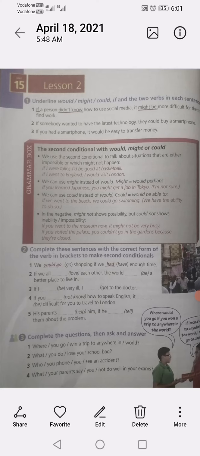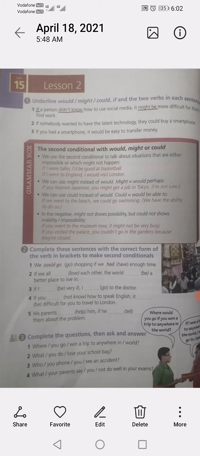Number 2, we can use could instead of would, which means be able to. For example, if we went to the beach, we could go swimming. Here we have the ability to do so.